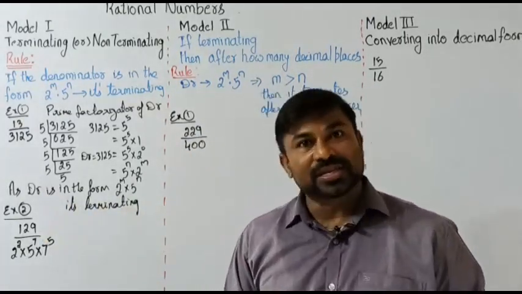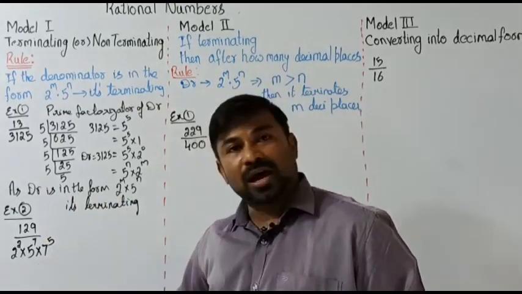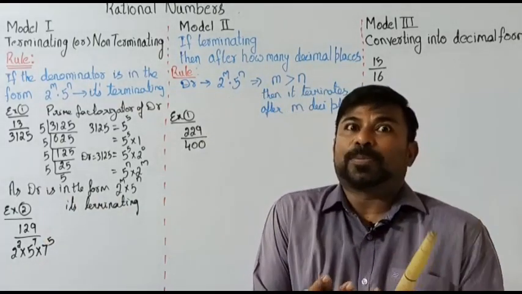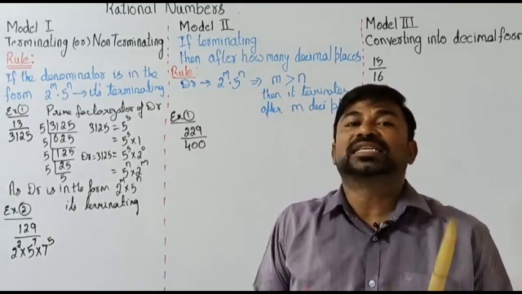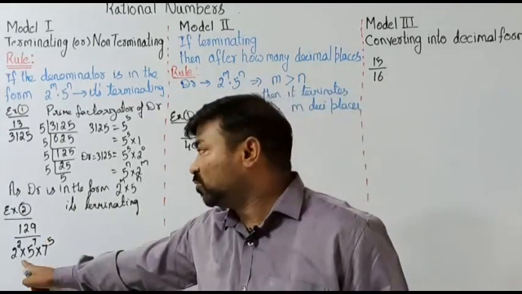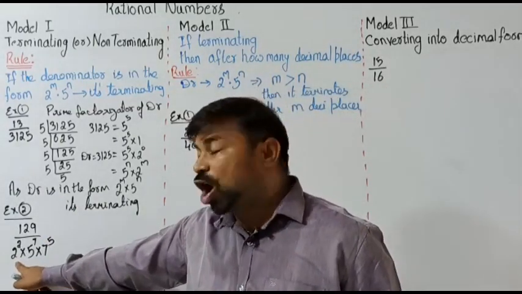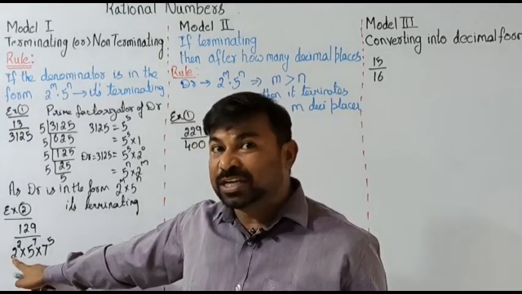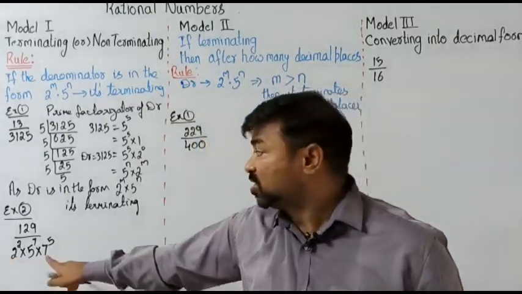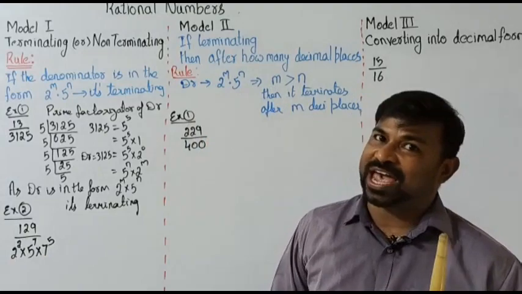Let's go with one more example. Now see the denominator. Yes, it is already prime factorized. It is factorized in terms of its prime numbers. But if you see the denominator, it is not only having 2 and 5 as factors, we are having 7 also as a factor.